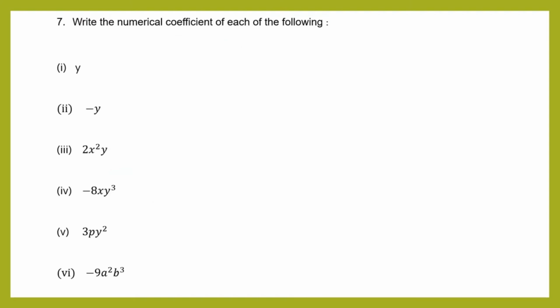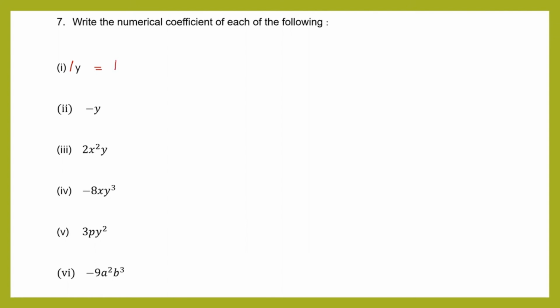Now we move on to the numerical coefficient. If the factor is a number, then it is called a numerical coefficient. If the factor is a letter, it's called a literal coefficient. Okay. So if the factor is a number, now here y, there is one y, isn't it? So what is the number here? 1. So the numerical coefficient of y is 1.